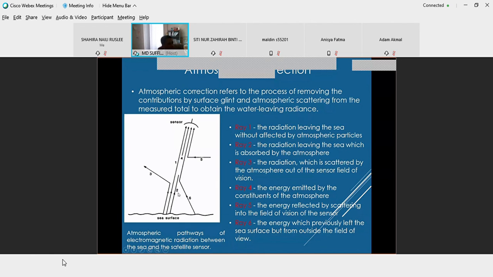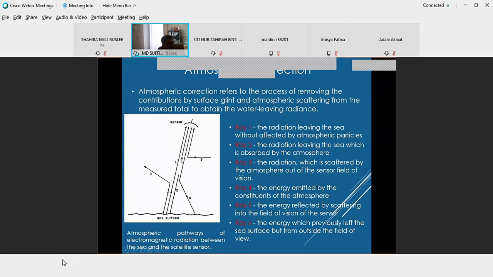Number two, because of absorption, absorbed by the atmosphere, so it does not reach the sensor. Because of the absorption, if the atmosphere absorbs the reflected light and converts it to heat, and it emits, it will emit long wave radiation.